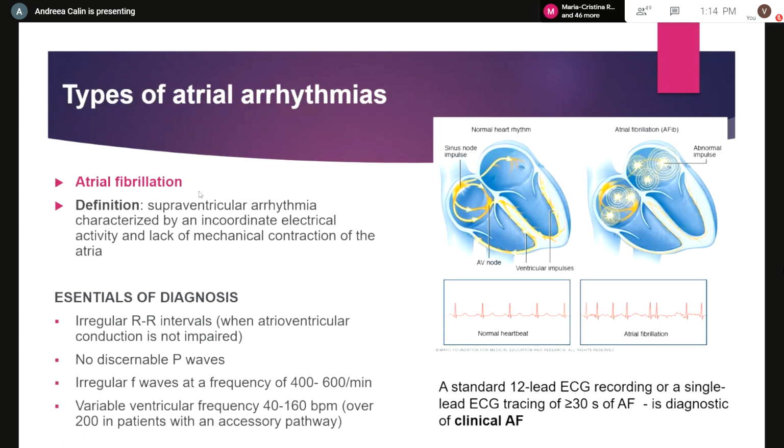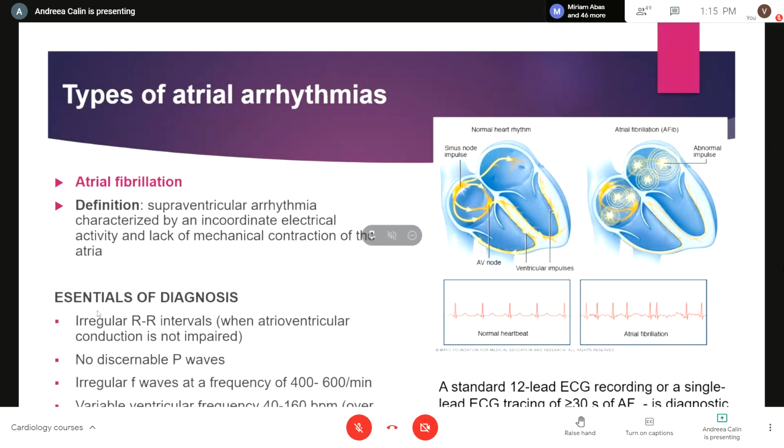Atrial fibrillation is the most important supraventricular arrhythmia, characterized by incoordinate electrical activity and lack of mechanical contraction of the atria. You know that this arrhythmia is easily recognized on the ECG by measuring the RR intervals. There are irregular RR intervals when atrioventricular conduction is not impaired, of course. There are no discernible P waves.